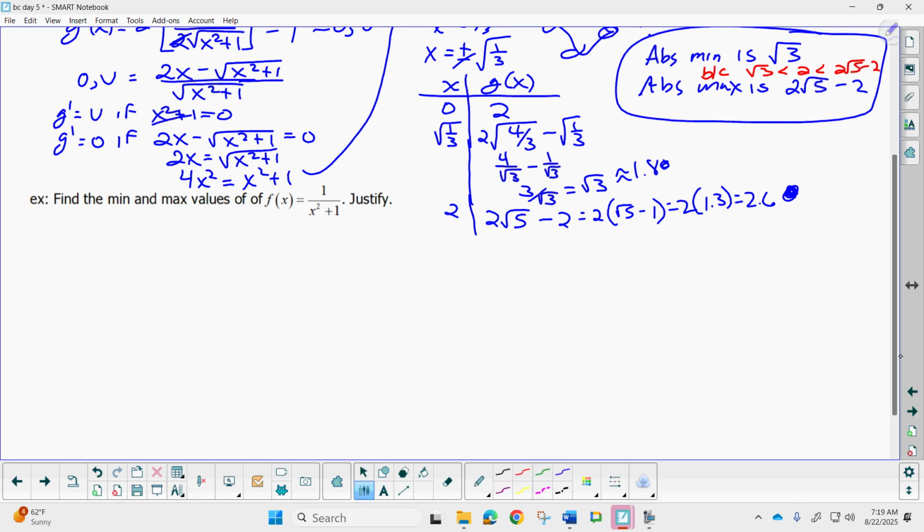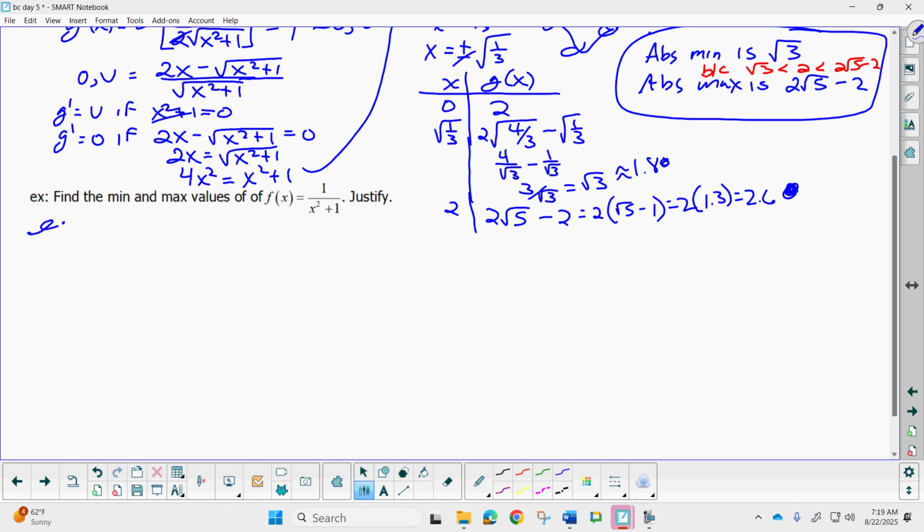In order to get there, I'm going to start with the EBT. It's still an absolute max problem, so the first part isn't satisfied. It doesn't have to be, but if it does, they still have to be at endpoints or critical numbers. There are no endpoints, and so I just have to look for critical numbers.